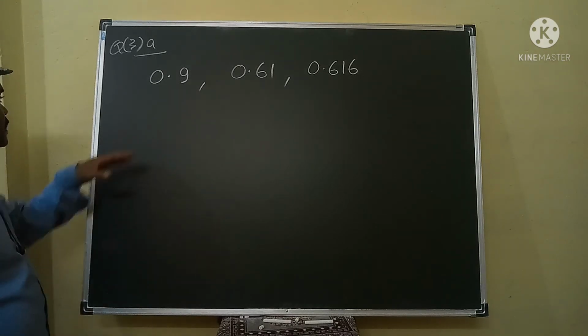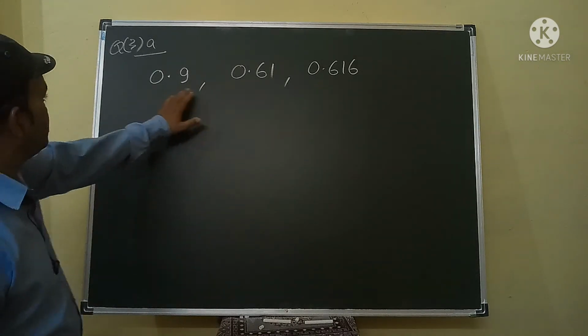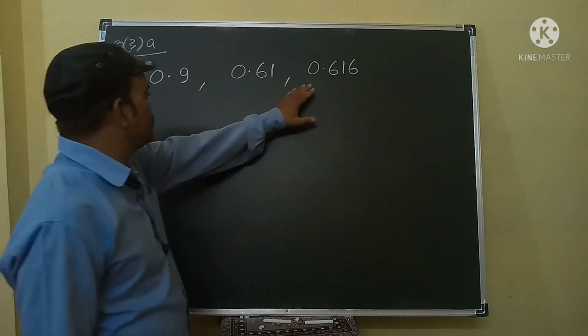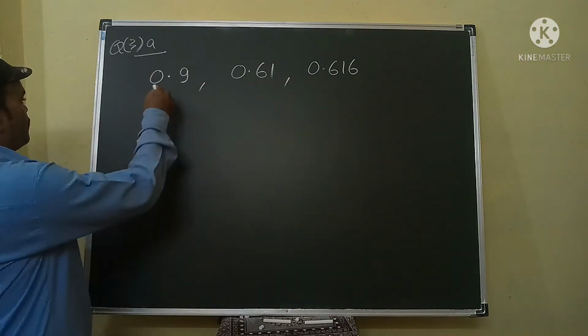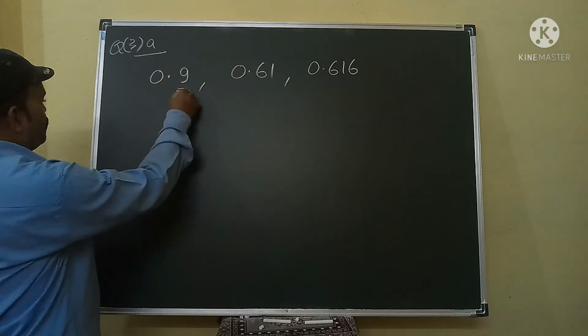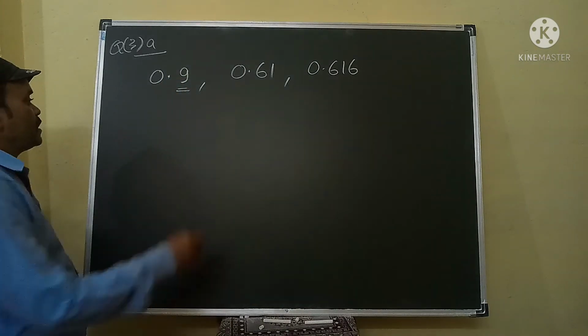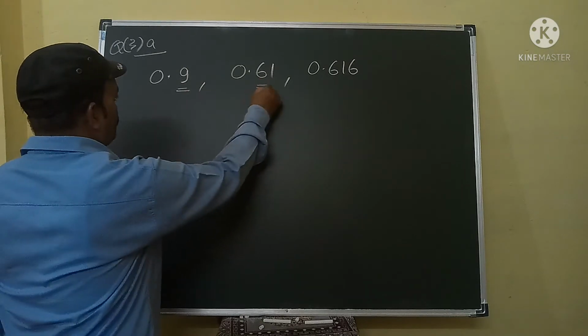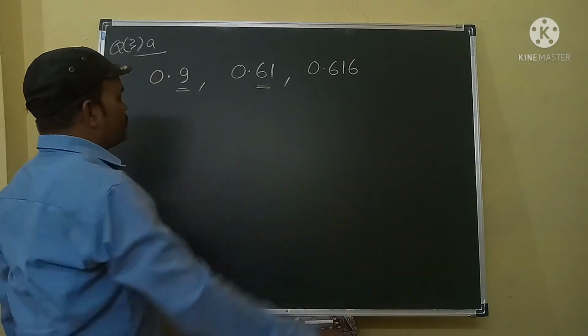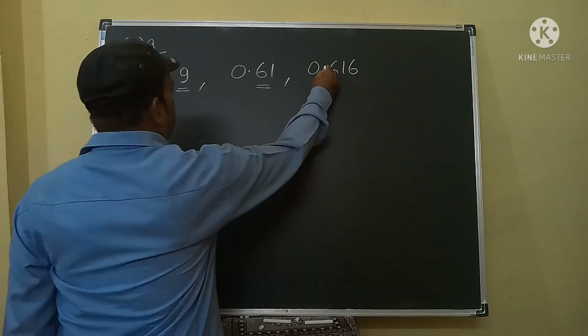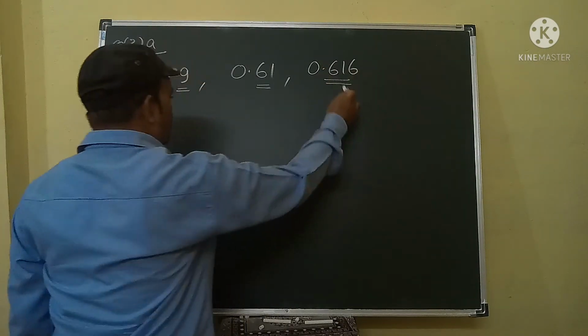Look here, this is 0.9, 0.61, 0.616. As you are looking, after the decimal point the number of digits is 1, then 2, and in this decimal number the number of digits is 3.